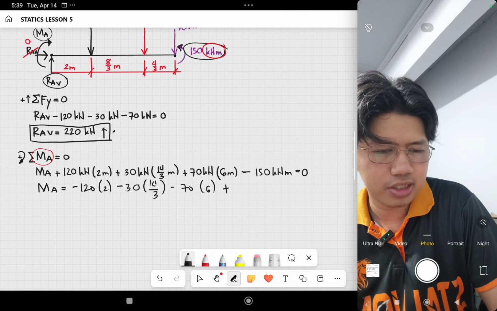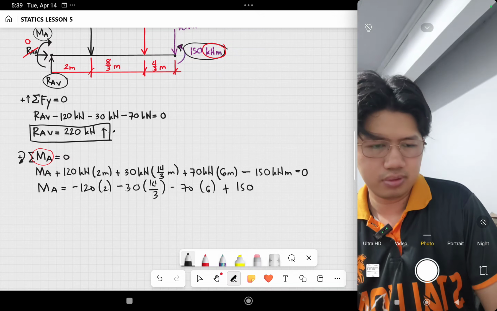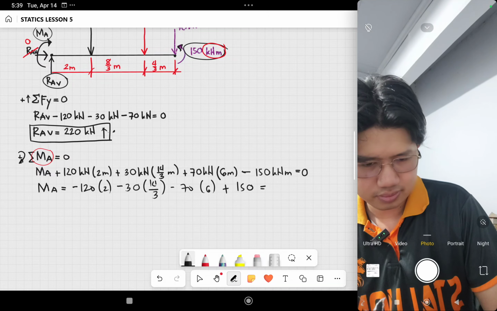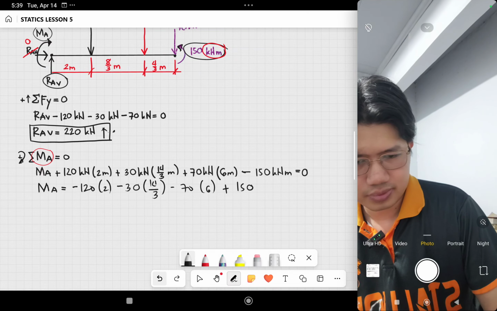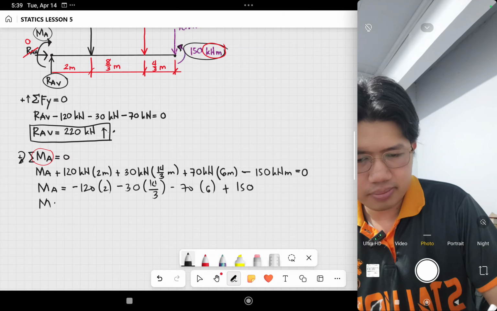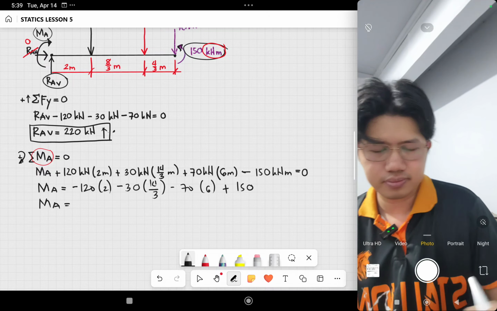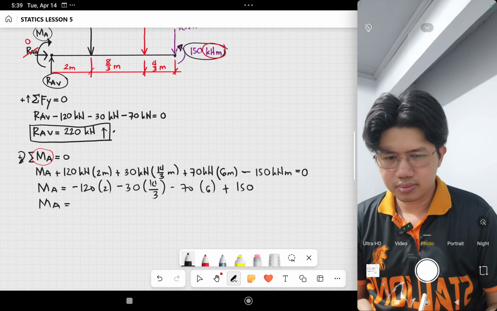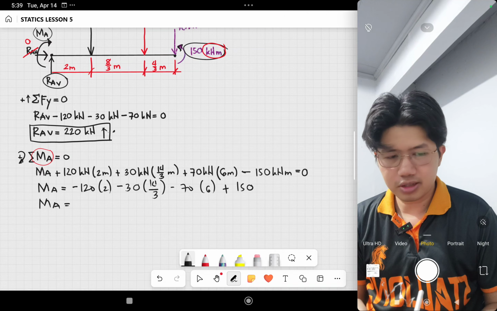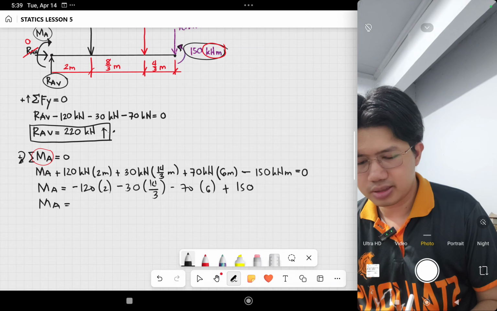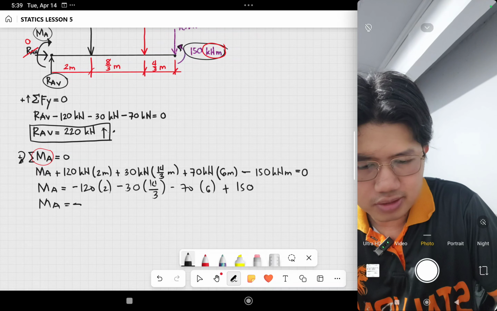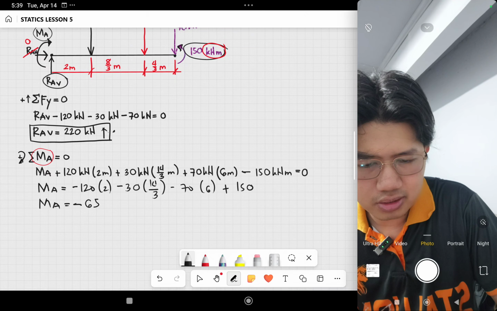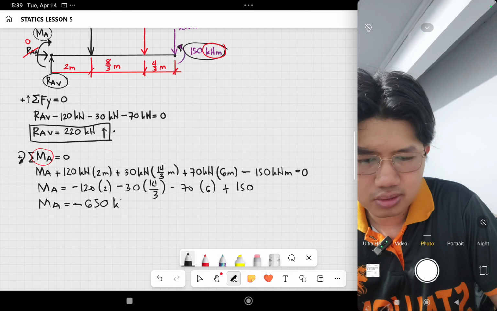And then ito magiging positive 150. Okay? So MA minus 70 times 6 plus 150. So that is negative 650 kilonewton meter.